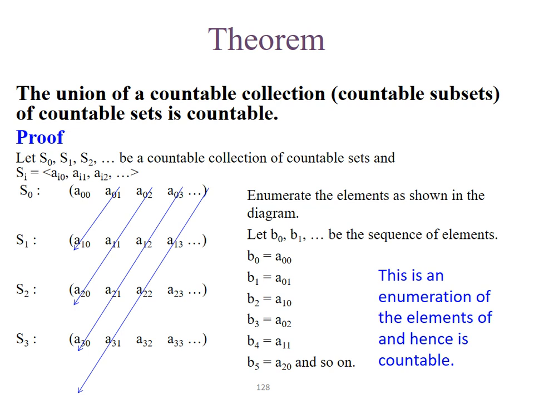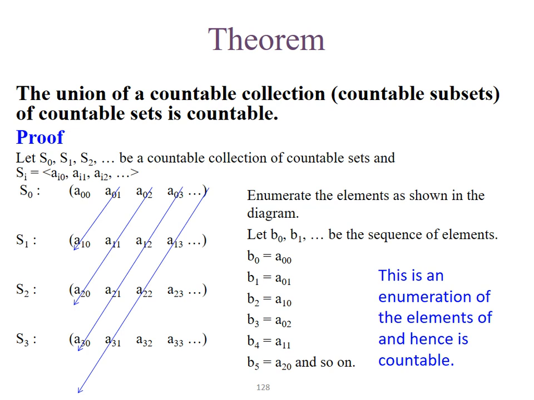So if we have the set S, then you may have different subsets S1, S2, S3, but all of these subsets are countable sets. So if you calculate the union of these countable subsets, it's still countable.